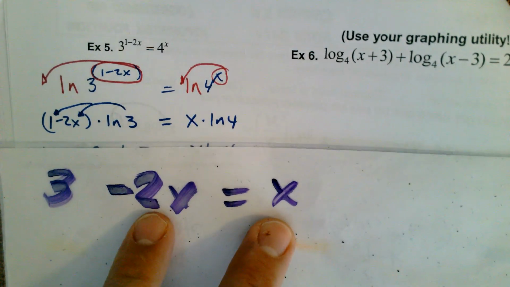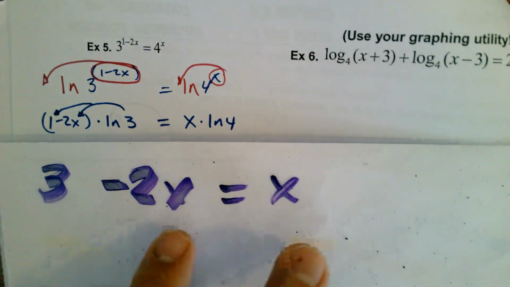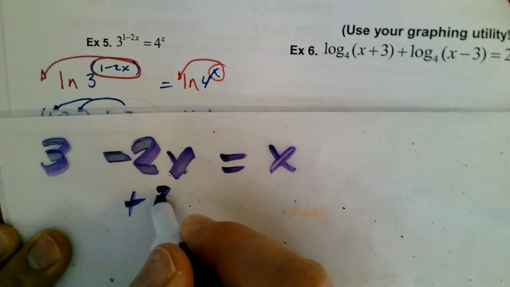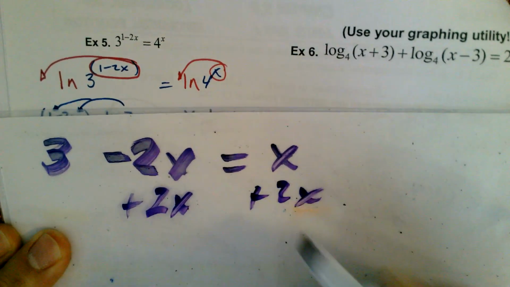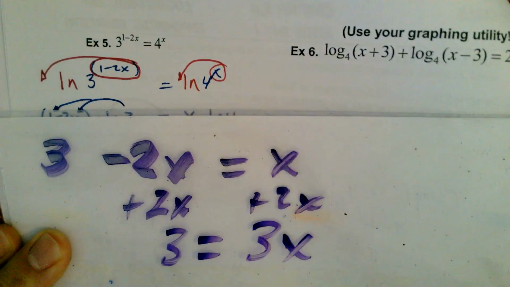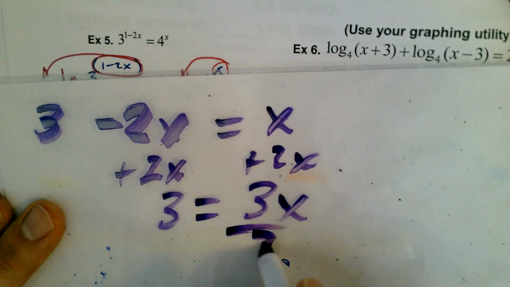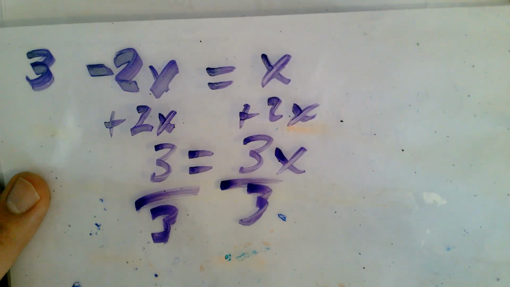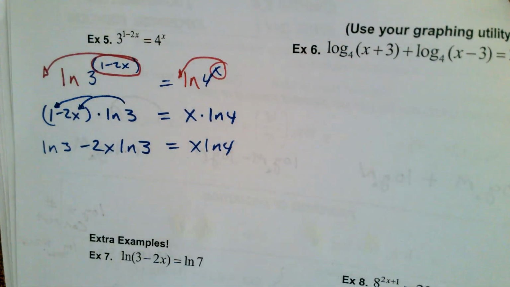Well, if I had something like this, 3 minus 2x equals x, the next thing I would do is add this guy over, right? Combine my x's. I would want my x's on the same side so that I could divide and be done. That's pretty easy. Same idea.